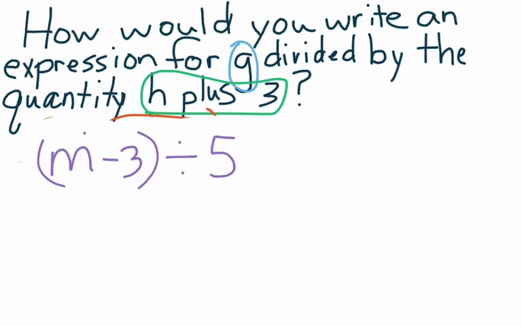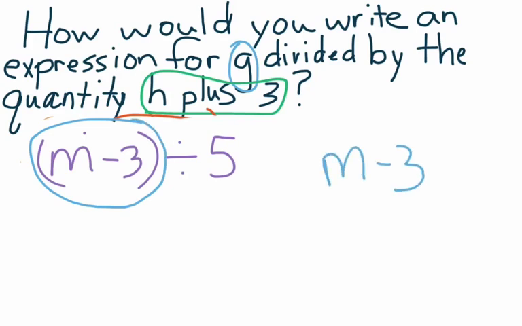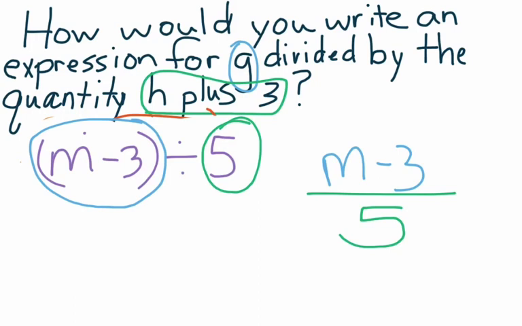So if I wanted to circle my dividend in blue, which part would I be circling? Would I be circling m minus 3 or 5? So our dividend is m minus 3, and I'm going to write that first, m minus 3, and then 5 would be our divisor, or what you are dividing by.